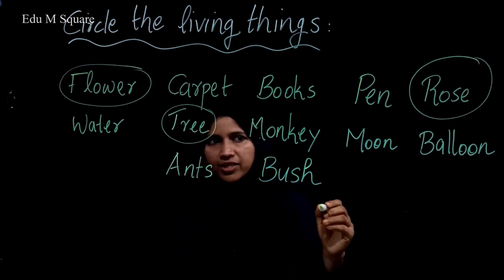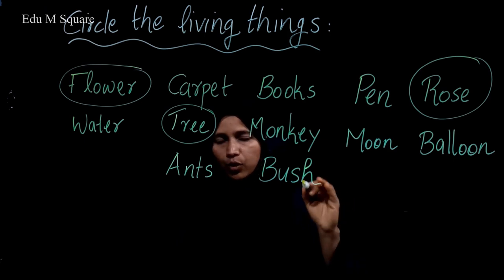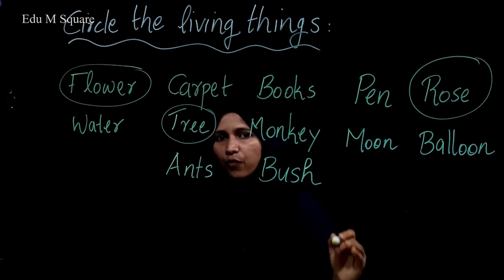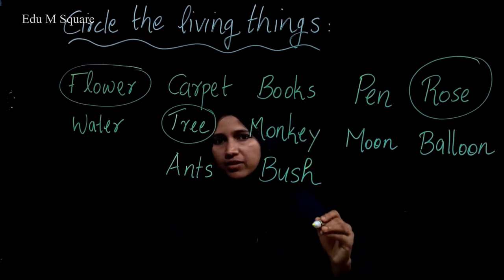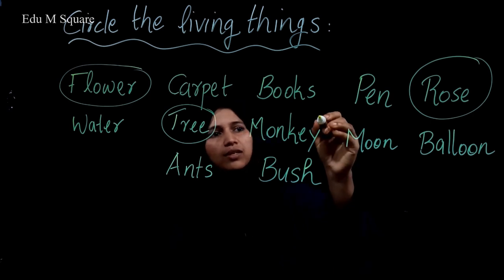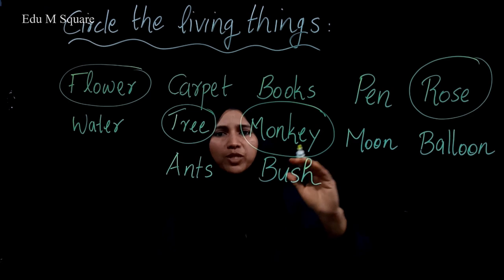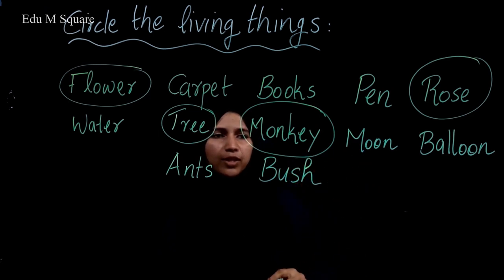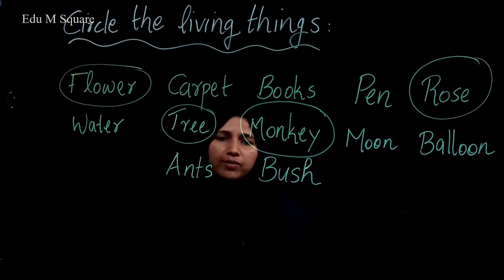Monkey. Yes, all of us know monkey needs food and water, and they breathe, and they grow from small to big. So monkey is a living thing. What about moon? Yes, moon is not a living thing.